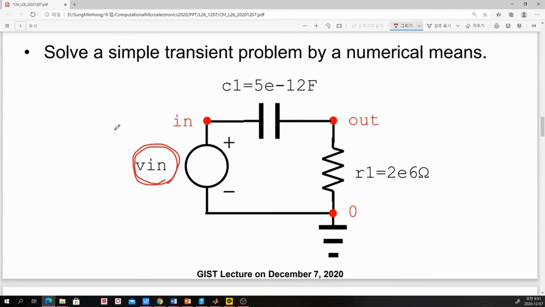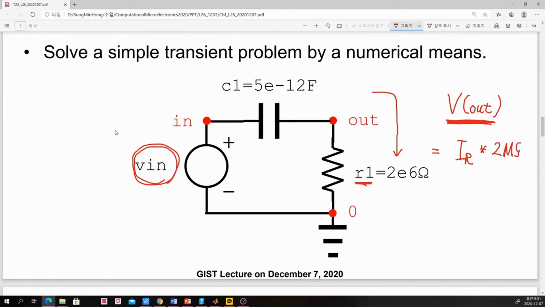Then what you want is to collect the output voltage. The output voltage is simply given by, in this case, the resistor current multiplied by your R1, 2 mega ohm.